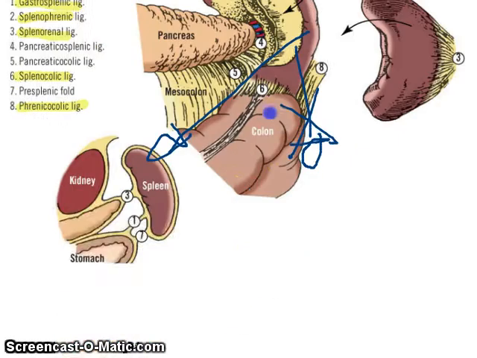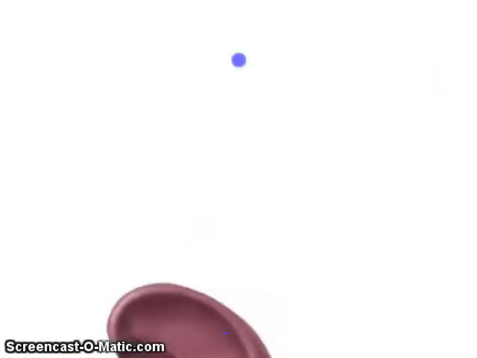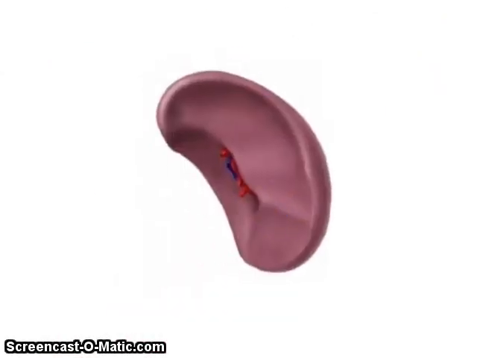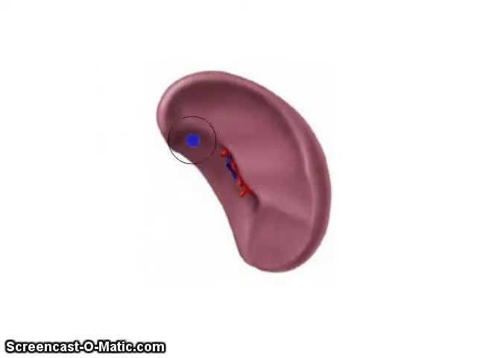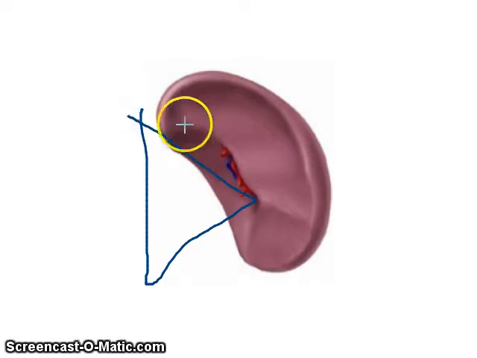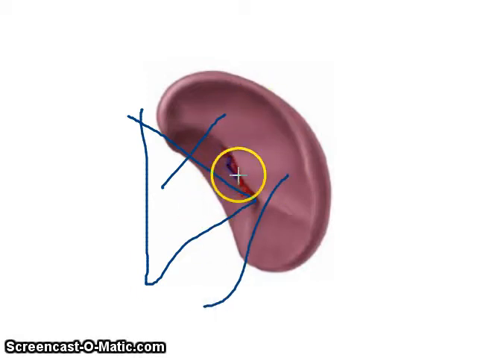We will just recap to remember them. Here's the gastrosplenic ligament. From here, it's like a triangular ligament. It contains the short gastric and the left gastroepiploic vessels. Here's the lienorenal ligament, or the splenorenal ligament, containing the hilar vessels and the tail of the pancreas.